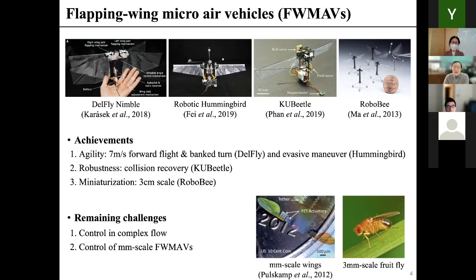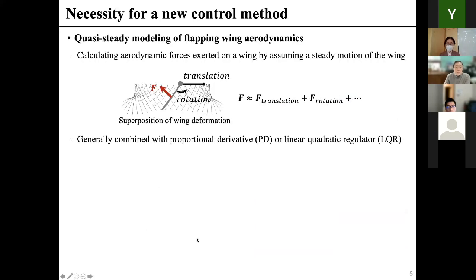And this is something mostly dominated by the aerodynamic motion with the ambient fluid. However, if you go to a millimeter scale, then the force generated by the flapping itself significantly influences the stability and the force acting on the vehicle. So we are considering such a situation.